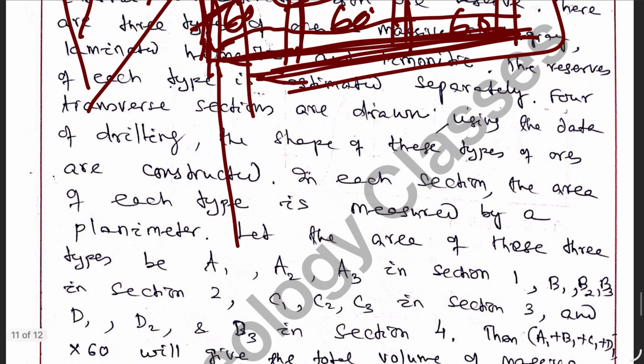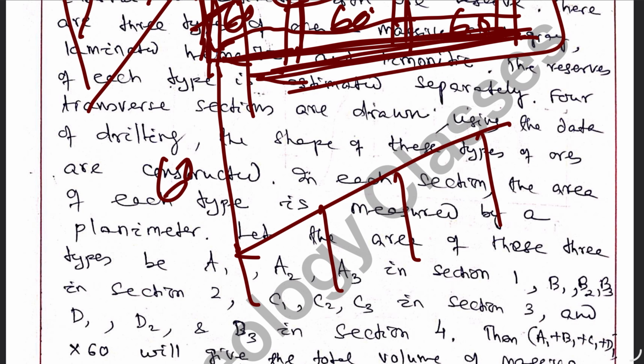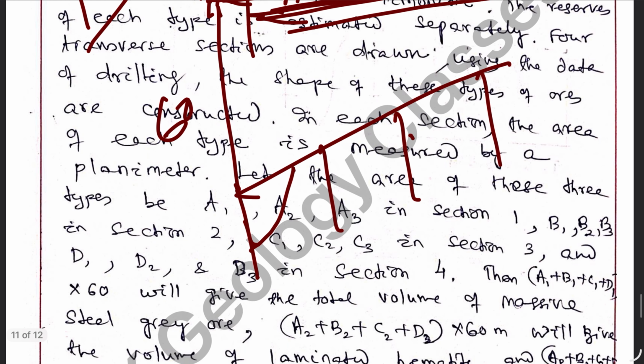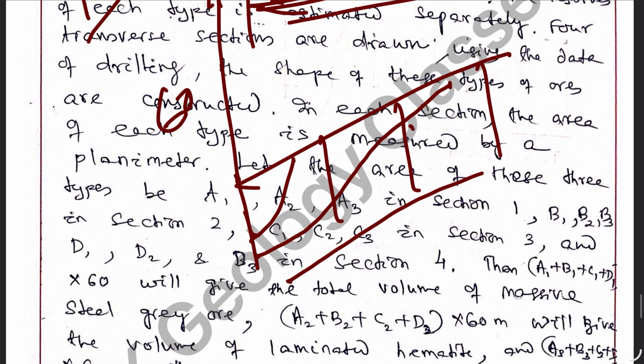Let us take another transverse section at 60 meter interval. Here 4 boreholes, and then the area is found out here. Let us say high grade, low grade, medium grade, low grade.